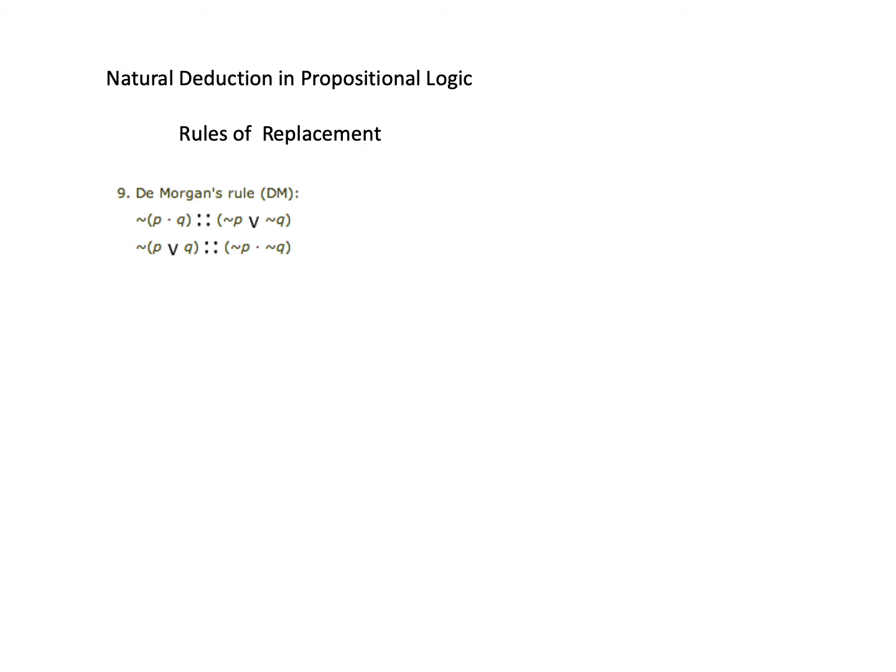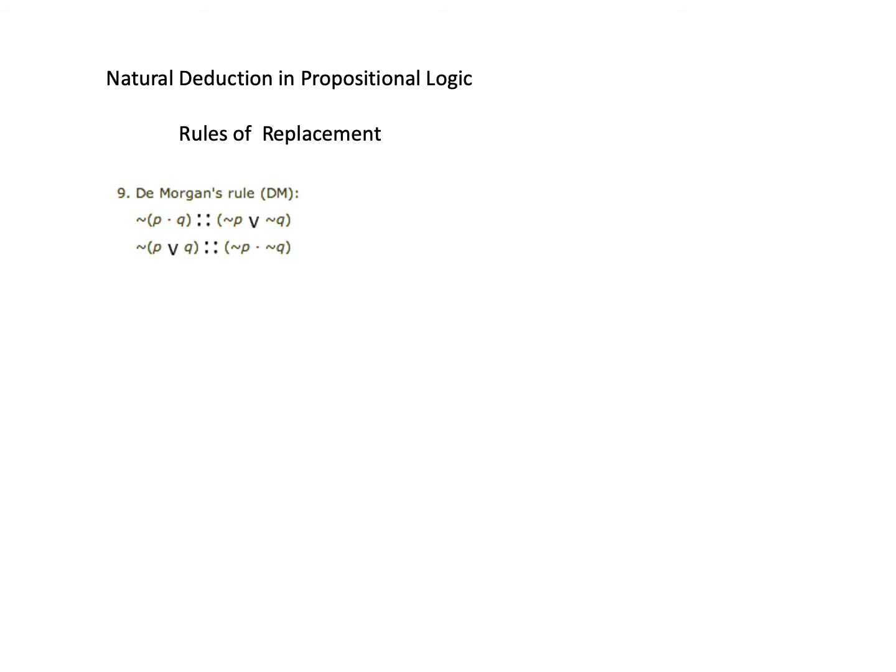So for our first one, the left side is saying not both P and Q. That's the same as saying not P or not Q. Below it, if we say not either P or Q, that's the same thing as saying not P and not Q. De Morgan's is an important rule, yet it's not that easy to grasp right away.